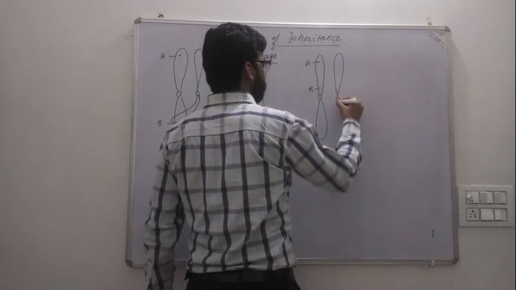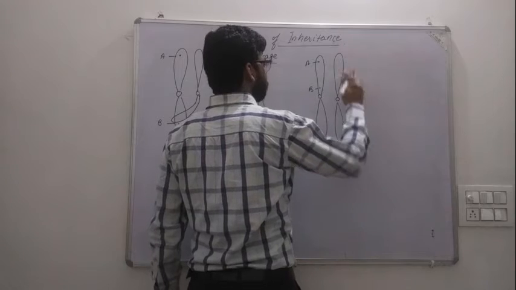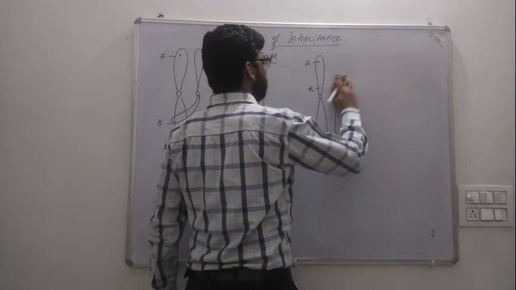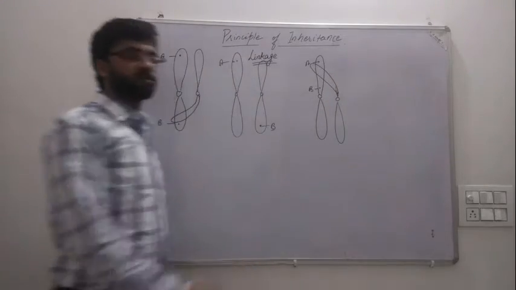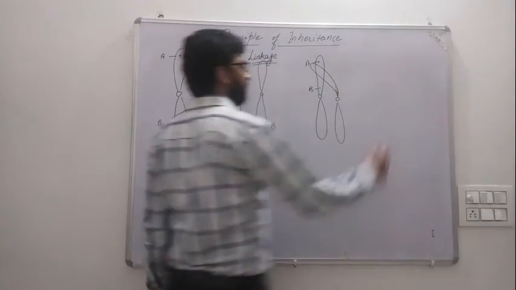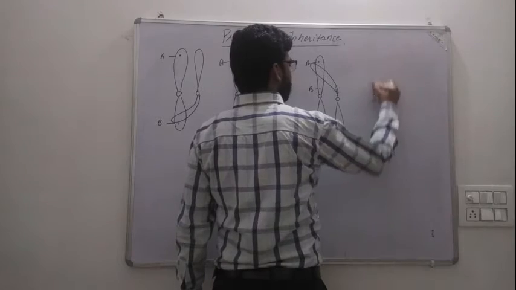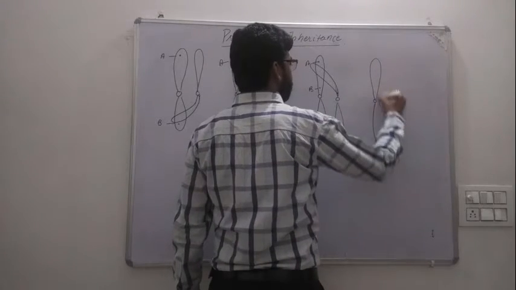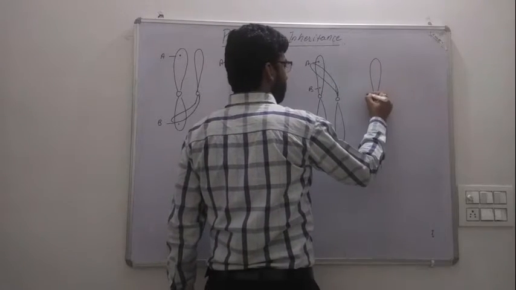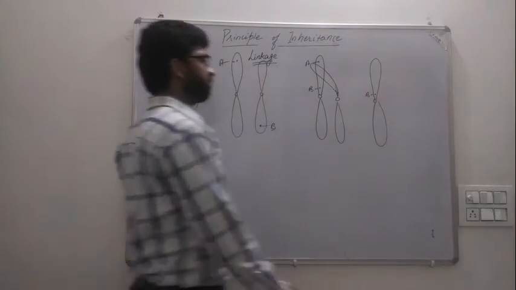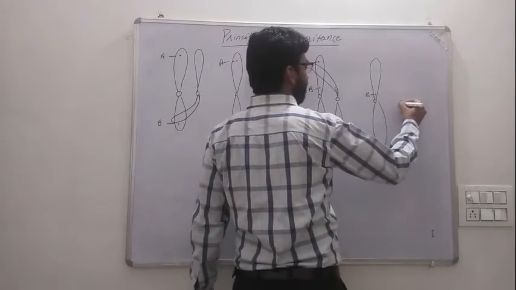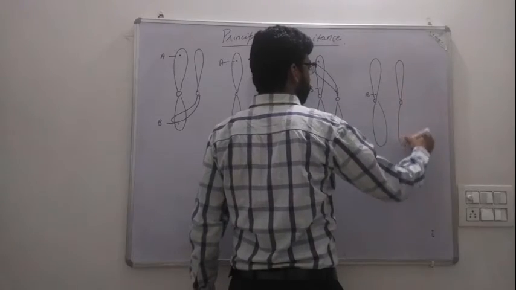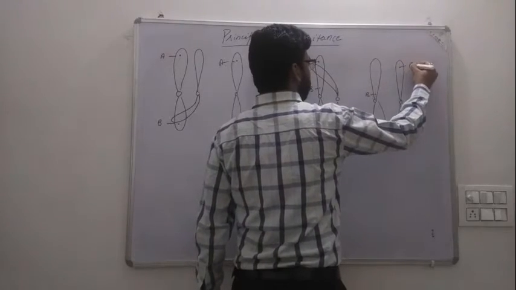During crossing over again, we assume the crossing over occurs at this point. So what will happen? Gene B remains here, but gene A goes to the homologous chromosome.